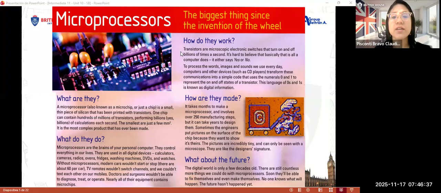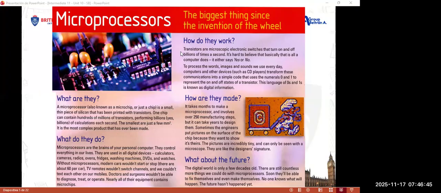Thank you. Now, Diana Cordova, good morning there. Can you tell me how do they work? Good morning, teacher. Yes. How do they work? Transistors are microscopic electronic switches that turn on and off billions of times a second. It's hard to believe that basically that is all a computer does. It either says yes or no, to process the words, images, and sounds we use every day.